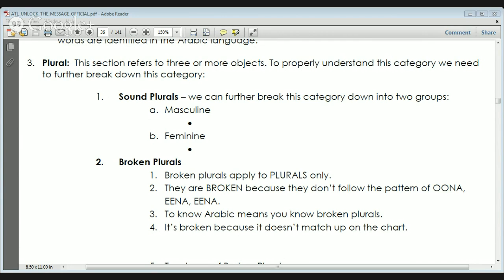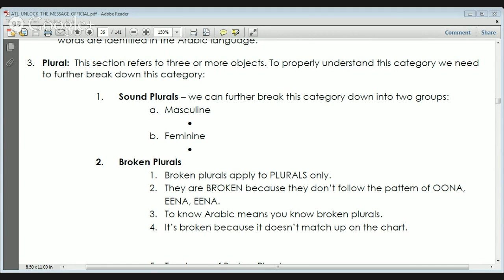How about masjid? Stop. No plural with this one. Now let's talk about something else. Yep, masajid. But that doesn't follow this, right?